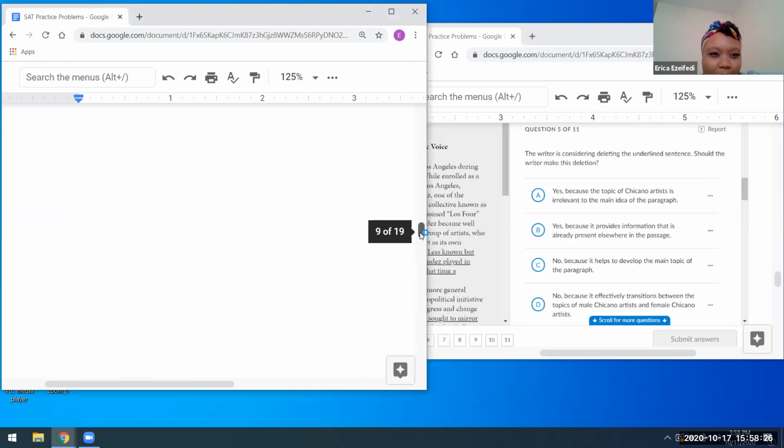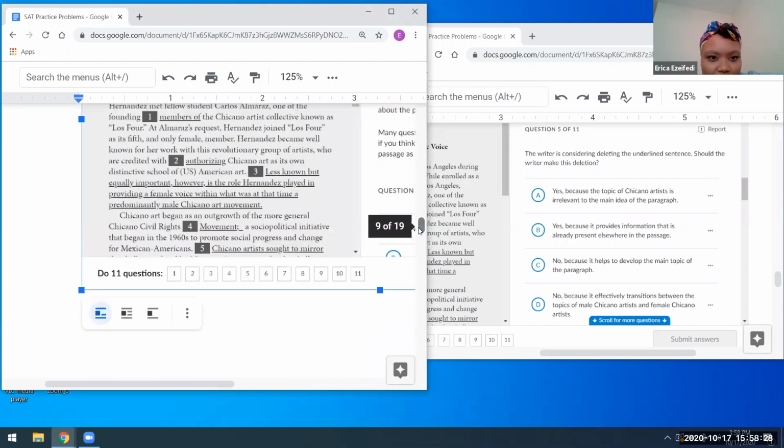So let me go up a little bit so you can see before. So that's the rest of the beginning of the paragraph. So before sentence 5, the fifth problem is referring to: Chicano art began as an outgrowth of the more general Chicano civil rights movement, a socio-political initiative that began in the 1960s to promote social progress and change for Mexican Americans. So right there, that's the part before.